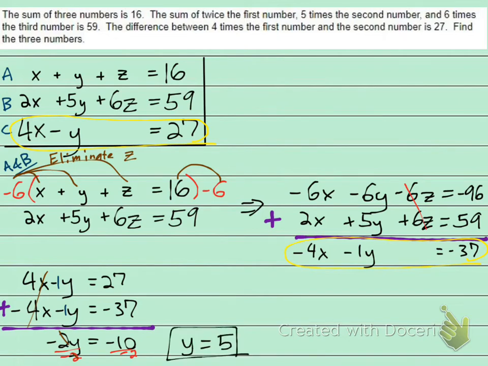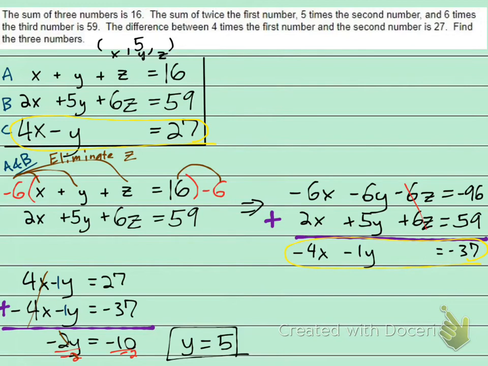So in my answer, I'm going to have an x, a y, and a z. I'm going to have three numbers. And I've just found out that y is 5. Now, let's use that 5.